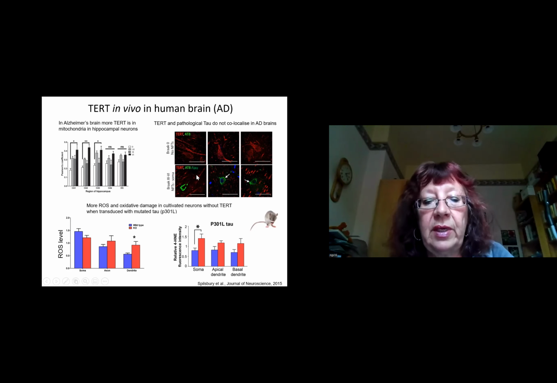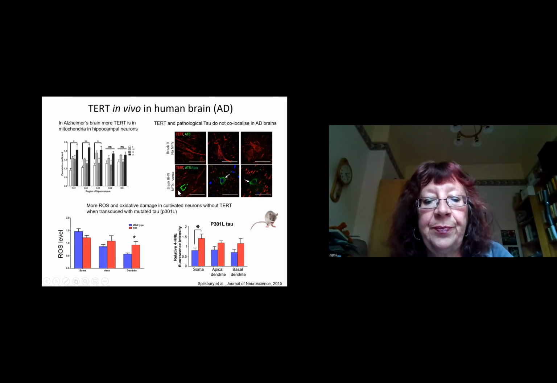Either those cells which have a lot of TERT never develop those neurofibrillary tangles of pathological tau protein, or once the NFTs are formed, then the TERT protein is displaced from the neurons.